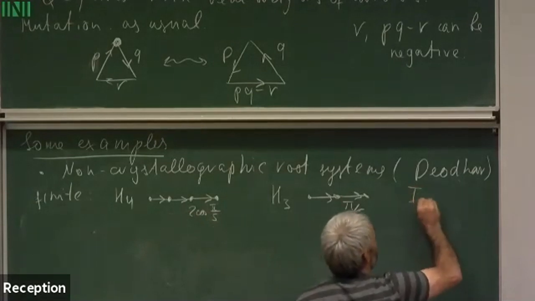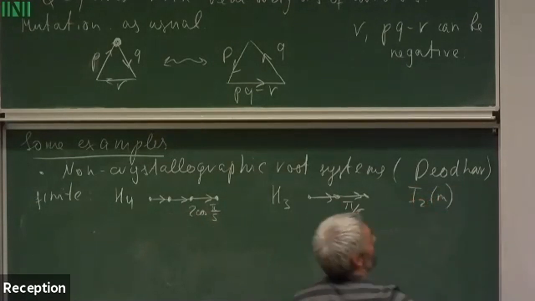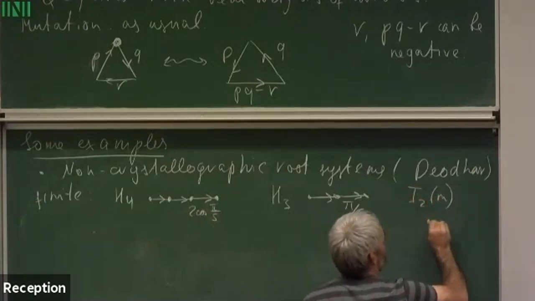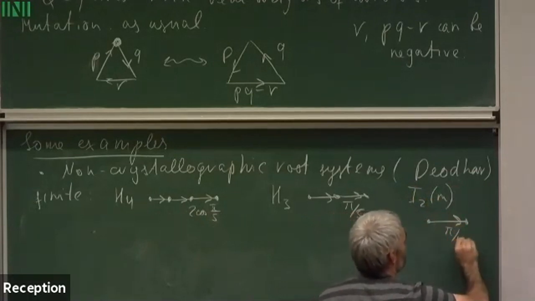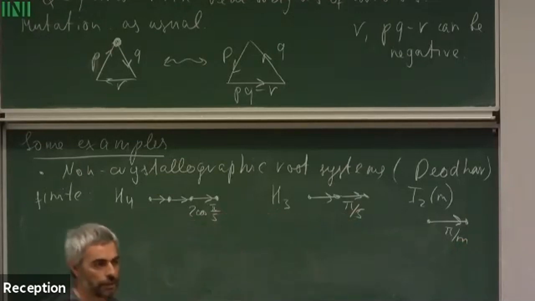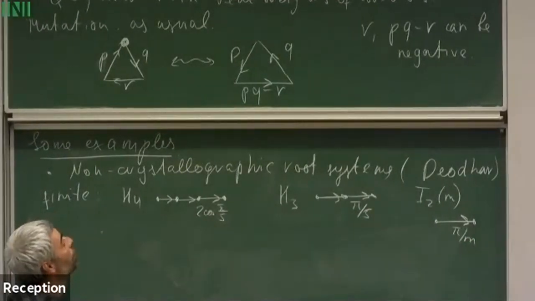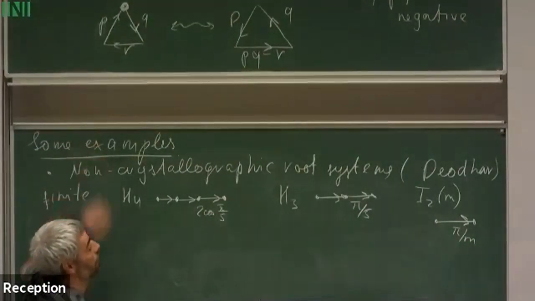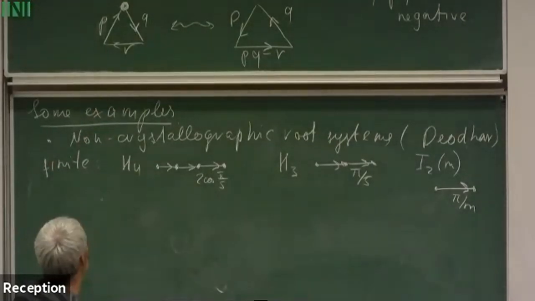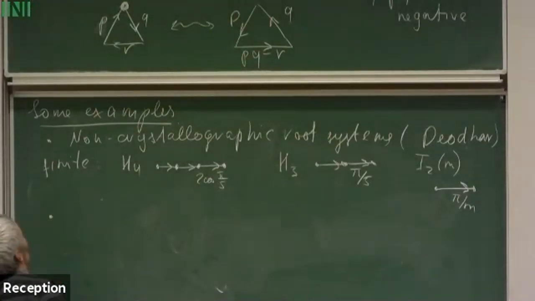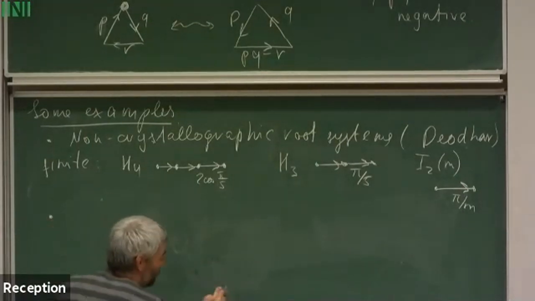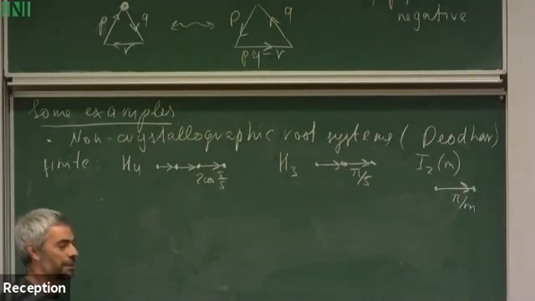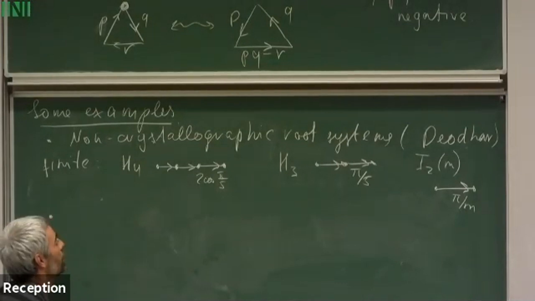And I2 of m, which is pi over m. These are finite non-crystallographic root systems.